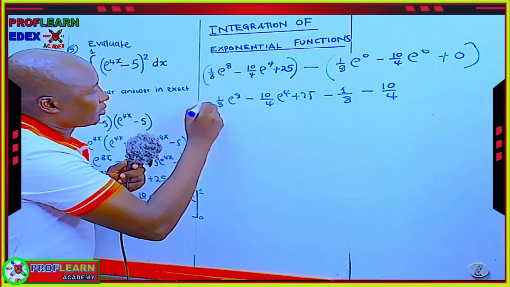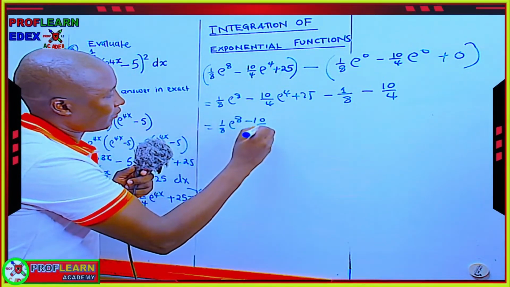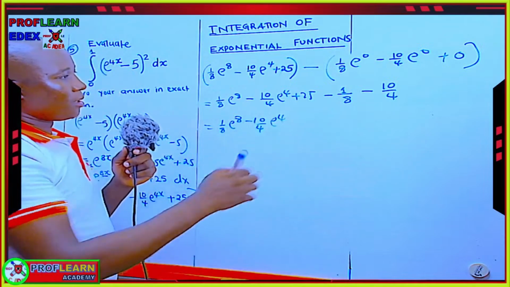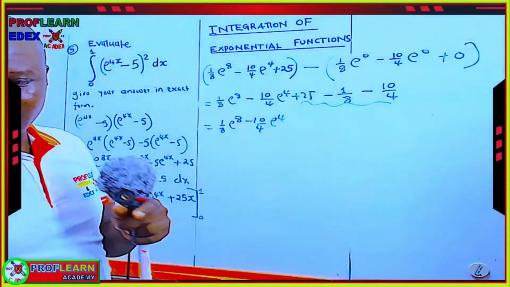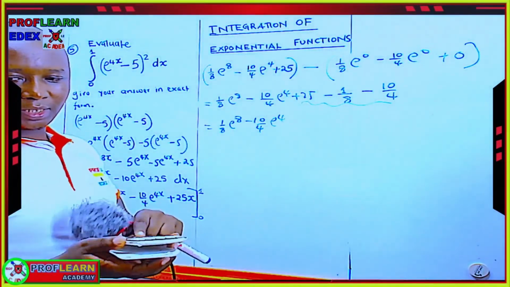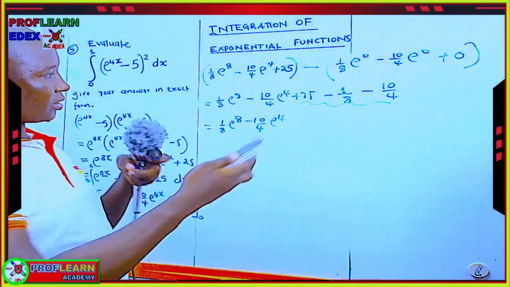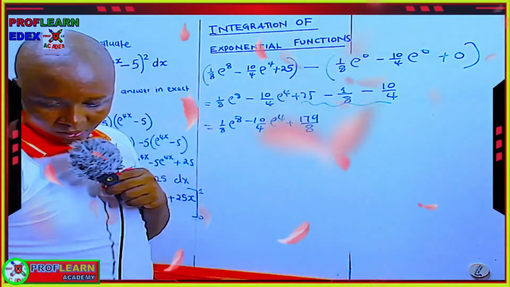Of course, this is going to finally become 1 over 8 e^8 minus 10 over 4 e^4. When we solve this one, simplifying that, what does it give us? Let's check what it gives us if we work it out.